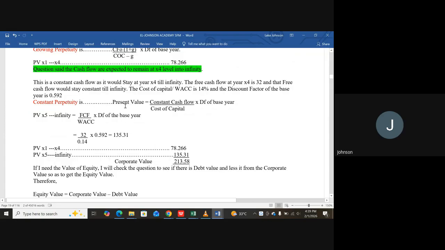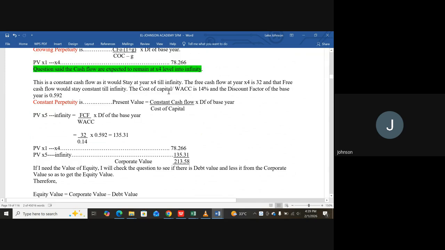So we now say, okay, this is a constant cash flow that stays at year 4 to infinity. The free cash flow at year 4 is actually 32, and that free cash flow will stay constant till infinity.